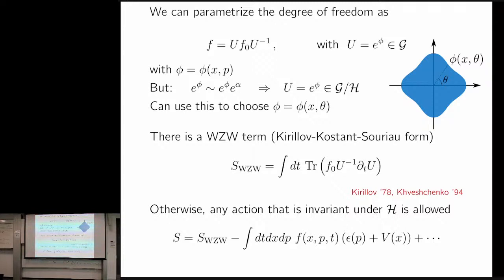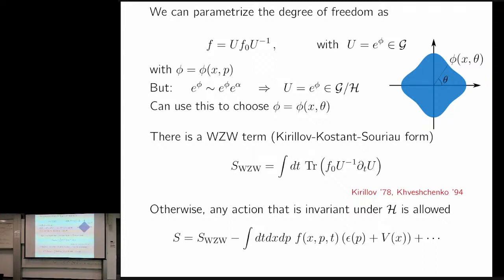So I think in all the applications I'll talk about now, I'm going to take F0 to be this rotation invariant Fermi surface, and F you can just obtain by expanding this expression using the commutation relations.